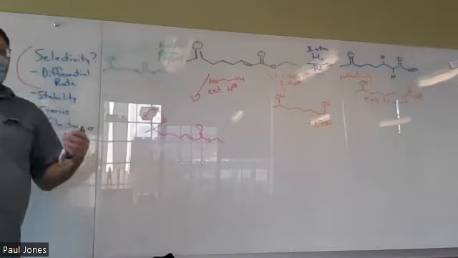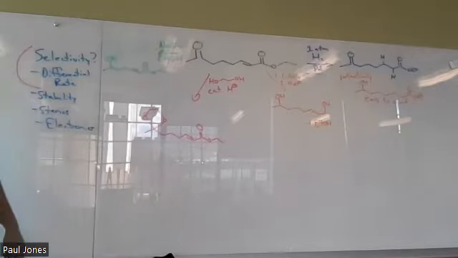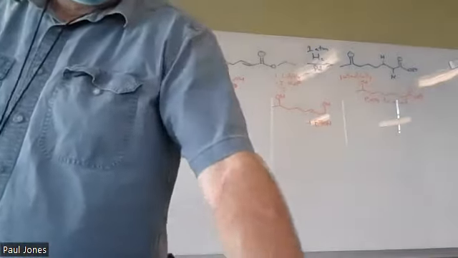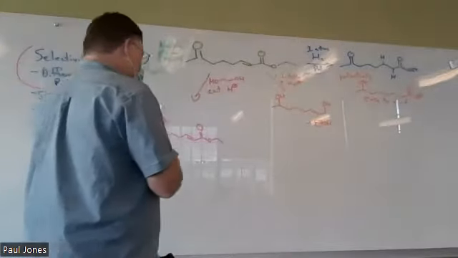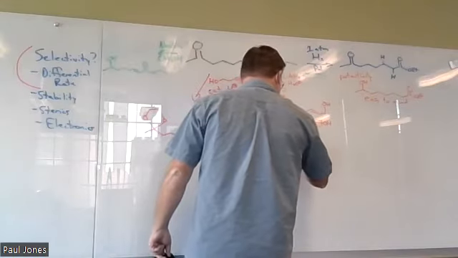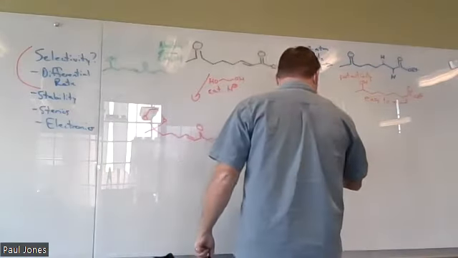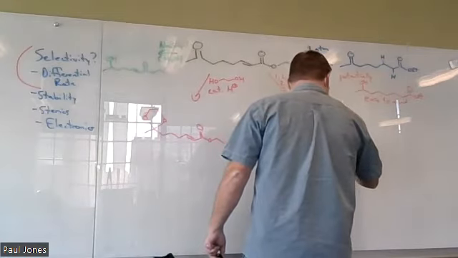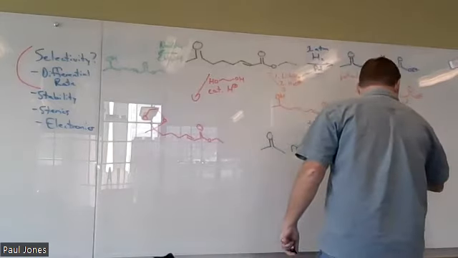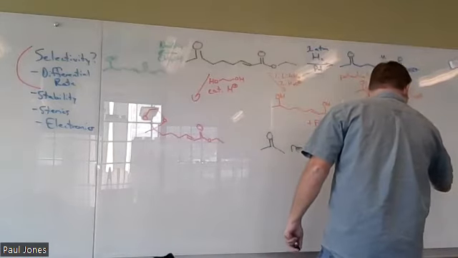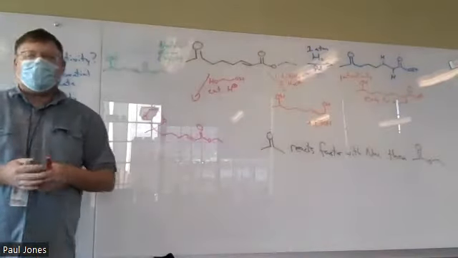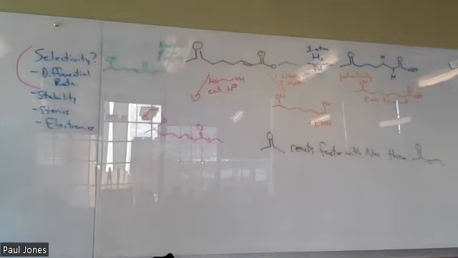So this all comes to selectivity. And if you look at that whole screen now, it should become apparent. I'm going to ignore the alkene for right now. The ketone reacts faster than the ester with nucleophiles.